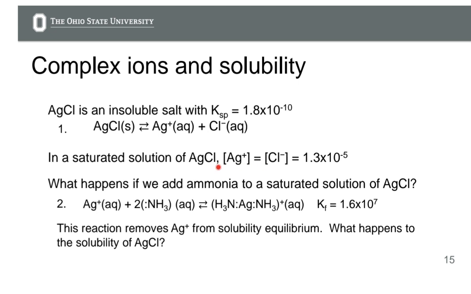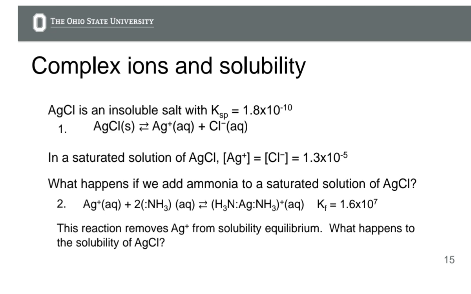If we figure out the molar solubility, or the concentration of each of the ions present in solution without adding anything other than water, we would get 1.3 times 10 to the minus 5. That's just Ksp equals x squared and that sort of thing.